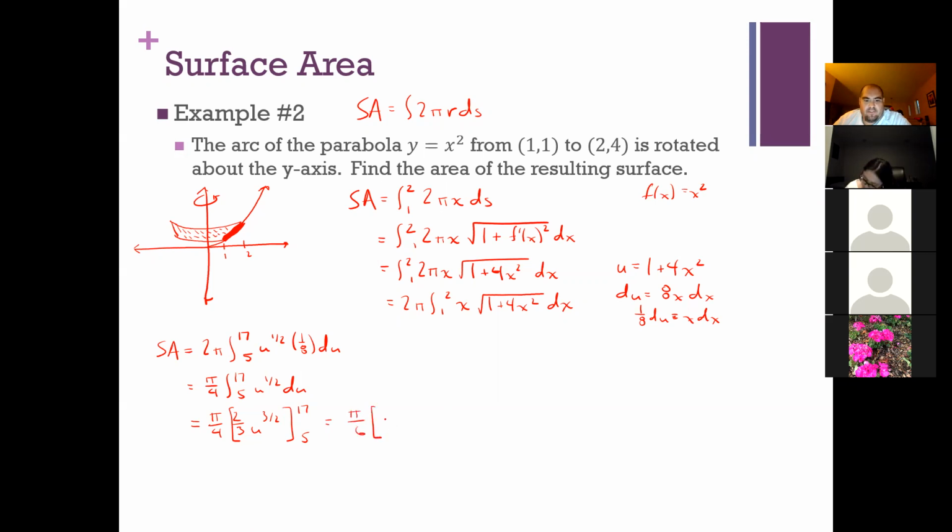And then if somebody wants to go ahead and approximate these, they can, but I'm going to just leave it like this.